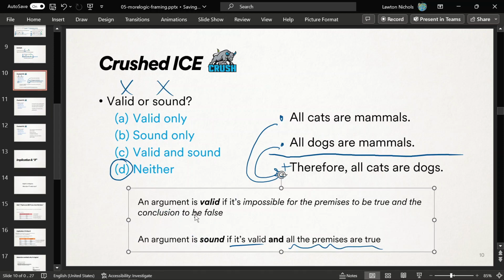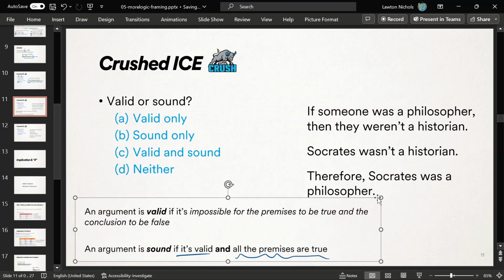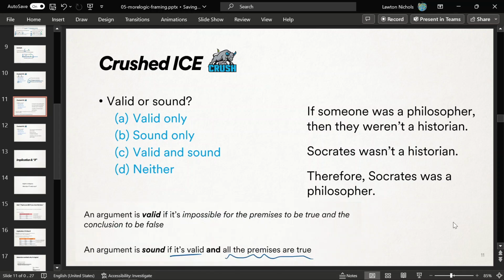Let's keep on bringing this definition here if you still need it. So here's another argument. Again, two premises and a conclusion. If someone was a philosopher, then they weren't a historian. It's a weird statement, but see if you can parse it. And then, second premise, assume that Socrates wasn't a historian. And the conclusion is, therefore, Socrates was a philosopher.